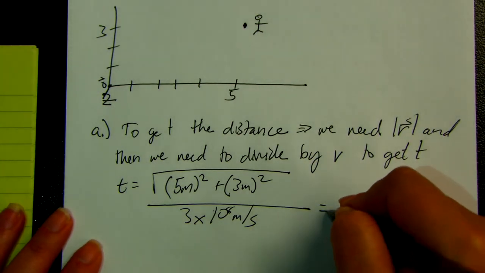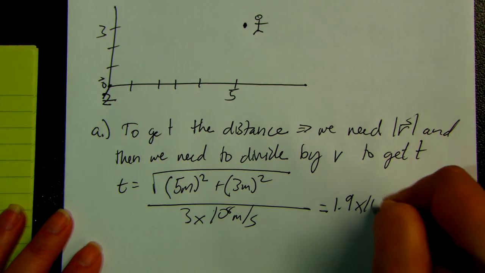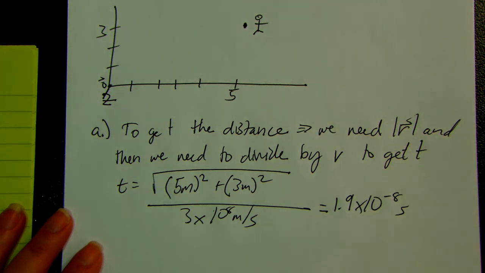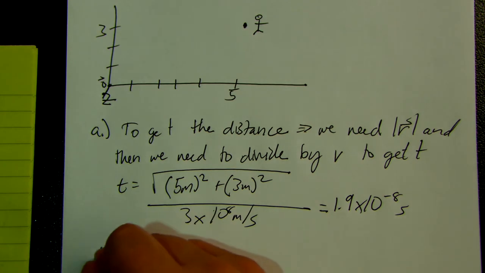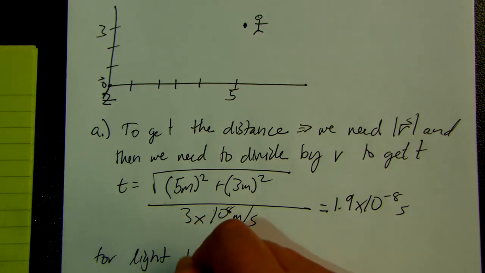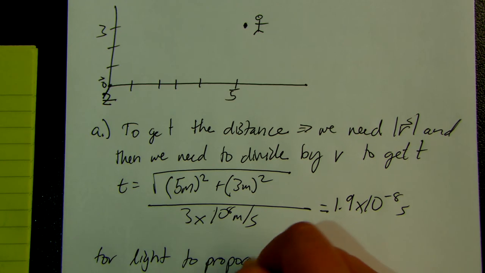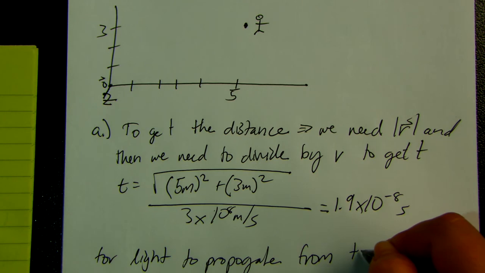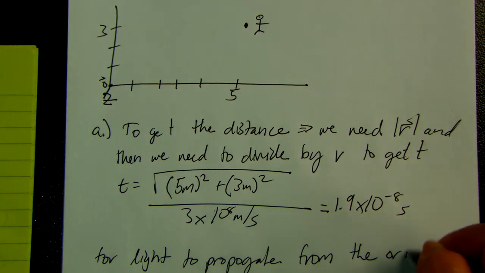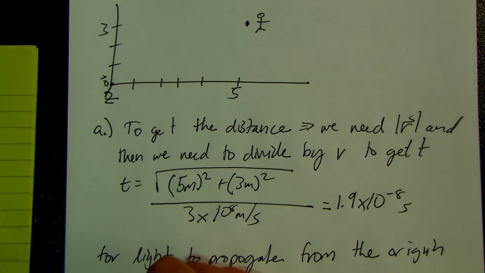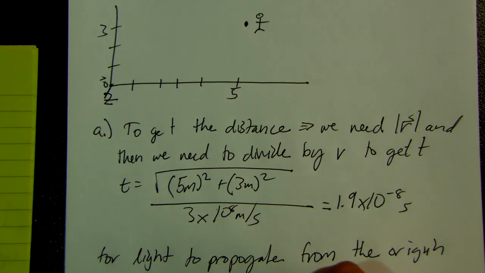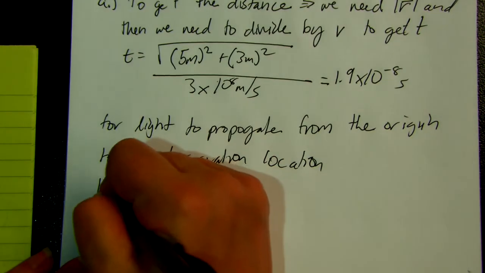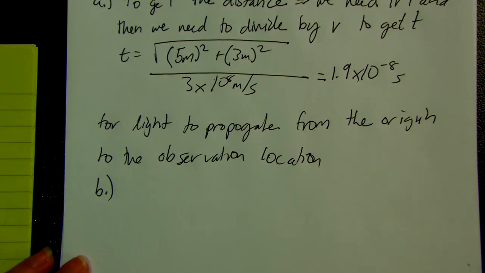It's like it is light or something. 1.9 times 10 to the minus 8 seconds, and that's the time for light to propagate from the origin to the observation location. So you first detect light, then you probably have a little PMT, photomultiplier tube, light detector.